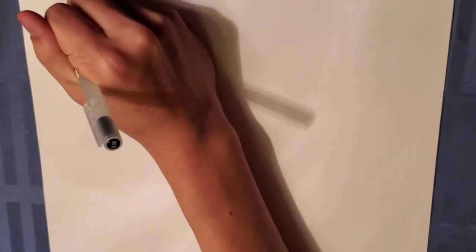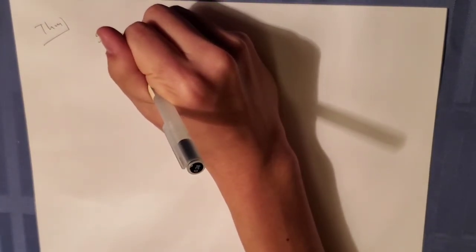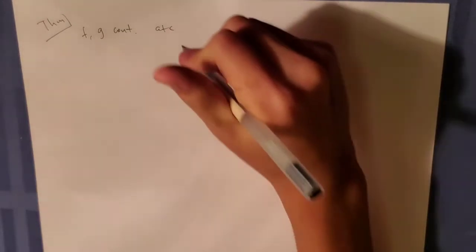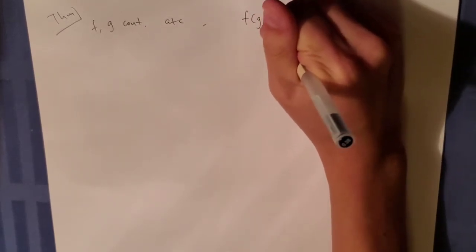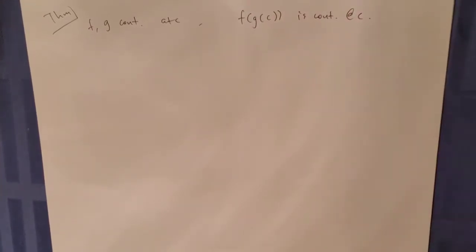Now, let's do a theorem. This was not in the topics, but it's a useful theorem. So, if we have that g is continuous at c, and f is continuous at g of c, then f of g is continuous at c.